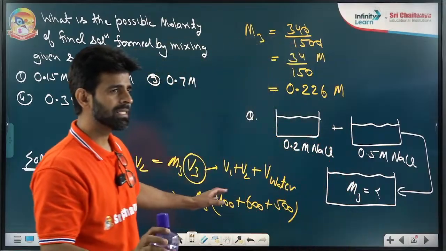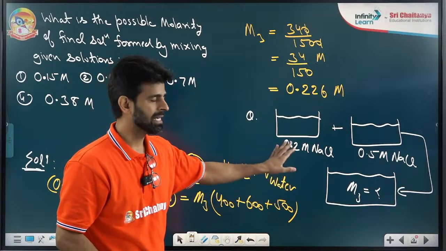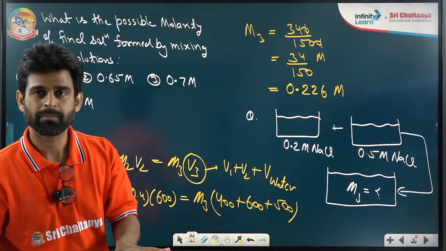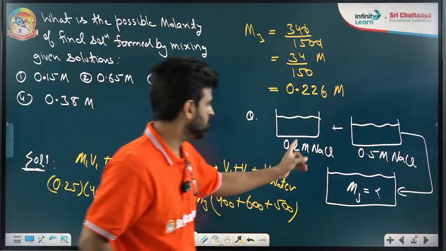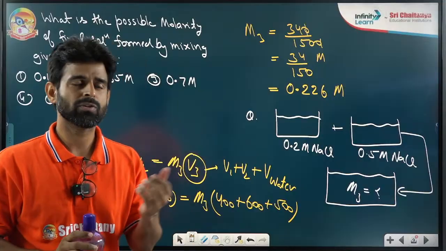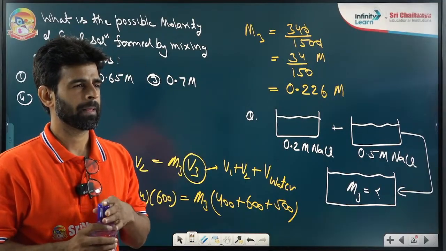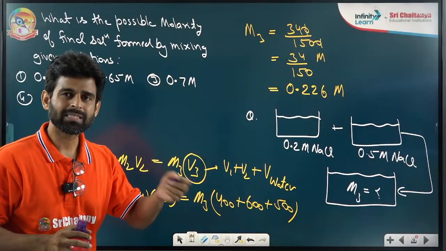You cannot find the exact data because I have not given you volumes. You can't apply M1V1 plus M2V2 because I have not given you V. So it's a question of common sense. You will not solve it, you will just think about it.